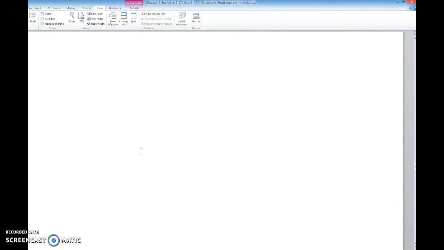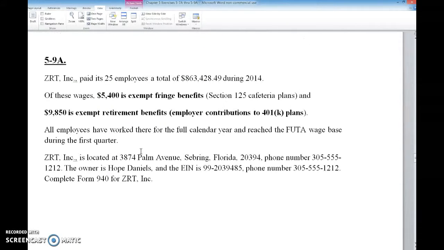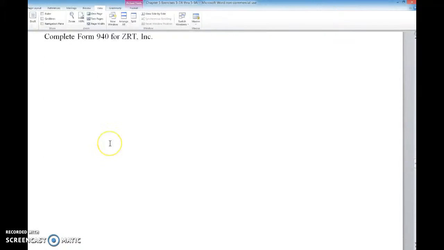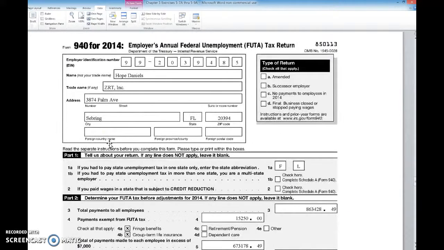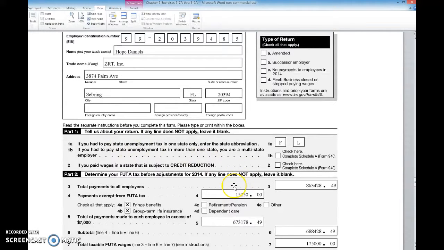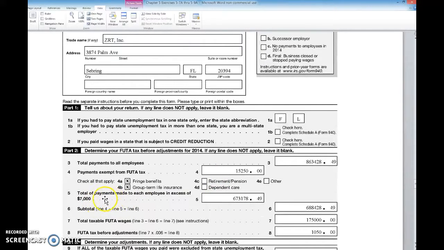Payments exempt from FUTA, they also do give us. In this example here, exempt from FUTA is $15,250. The total payments on line number 5 in excess of $7,000 is $673,178.